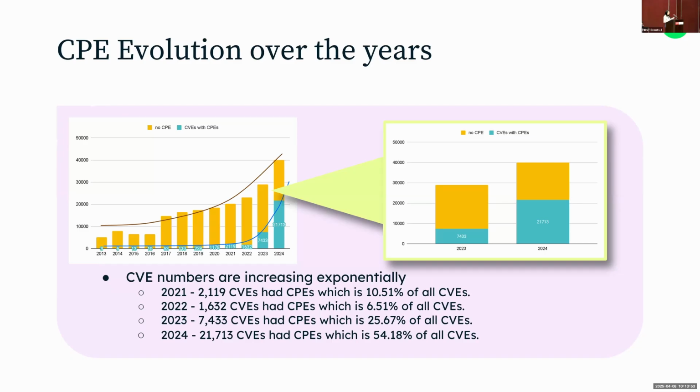So historically, the percentage of CPE inclusion remained around 10% or below until 2023 and 2024, where it increased to 26% and 54% respectively. The percentage increase in 2024 over doubles compared to 2023. And this could be because of NVD's announcement of slowing down its metadata enrichment.